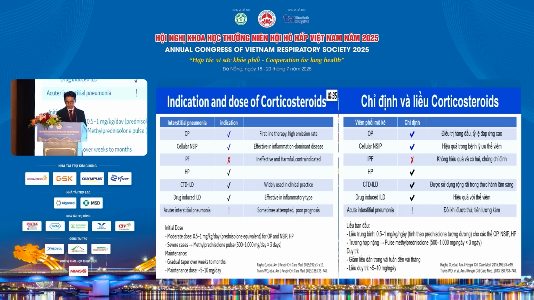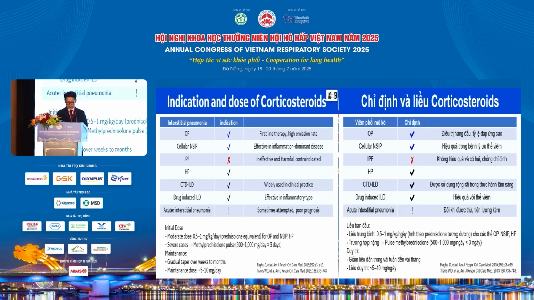This is for patients with interstitial pneumonia for whom corticosteroids are indicated. Generally, administration of corticosteroids for IPF is considered harmful and contraindicated. However, administration for acute interstitial pneumonia is occasionally performed, though the prognosis is poor.